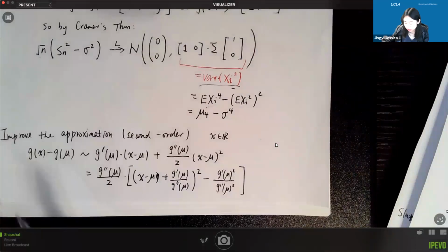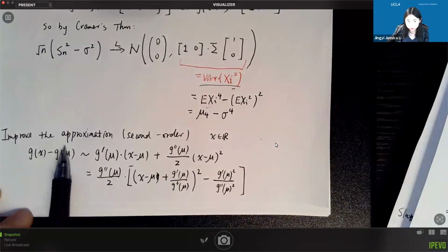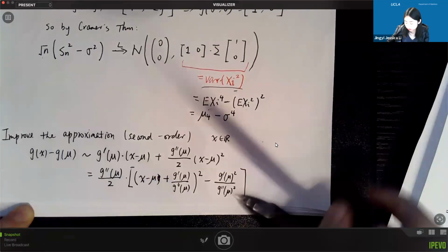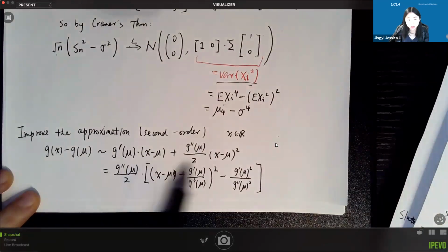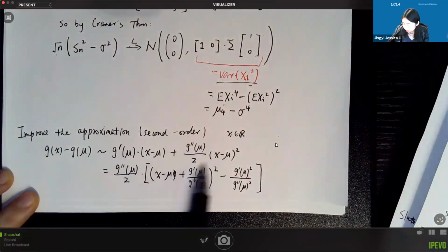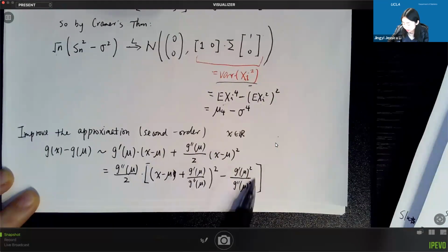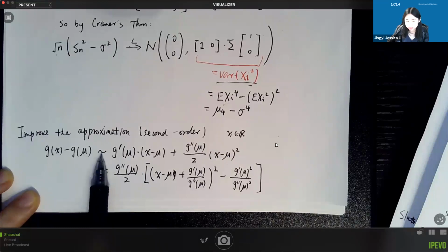So we improve the approximation. Still following the idea of Cramer's theorem, we go another term into the second derivative. With the second derivative, we have a quadratic term out here, and then we combine them into a quadratic term. Here we are using what we introduced in the first class, the asymptotic equivalence.